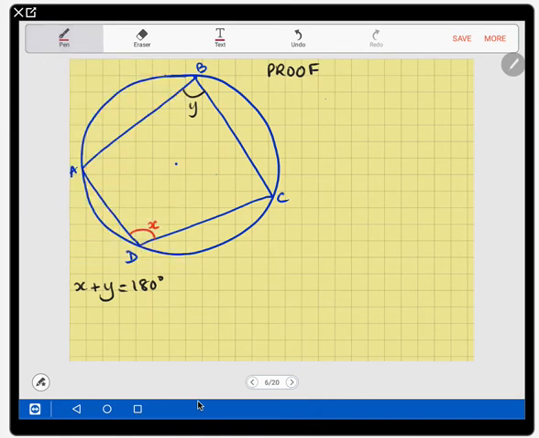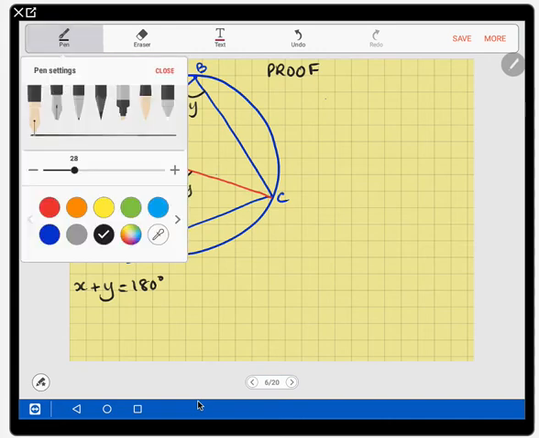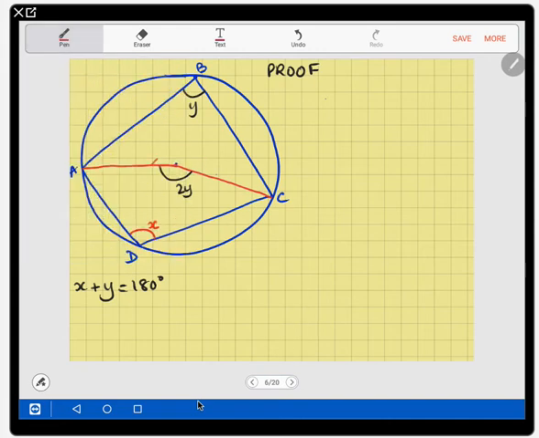If I start here and I go to my center, I know that the angle at the center is twice the angle at the circumference. Therefore, this angle will be 2y. Similarly, this angle here will be 2x.